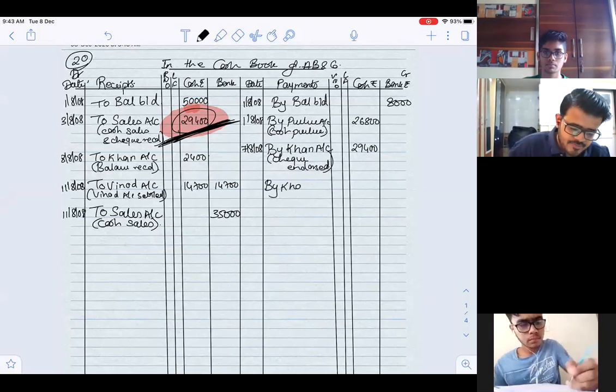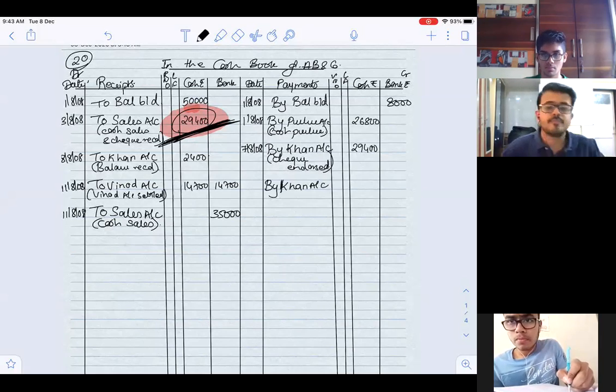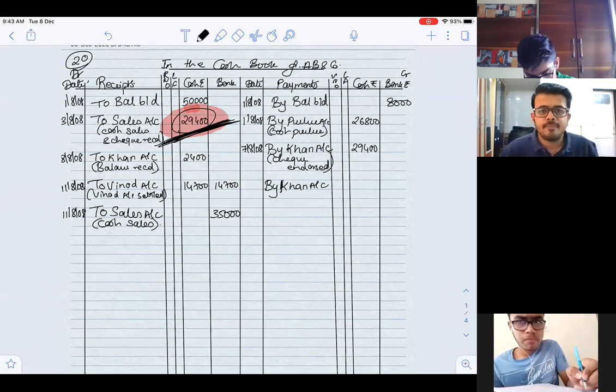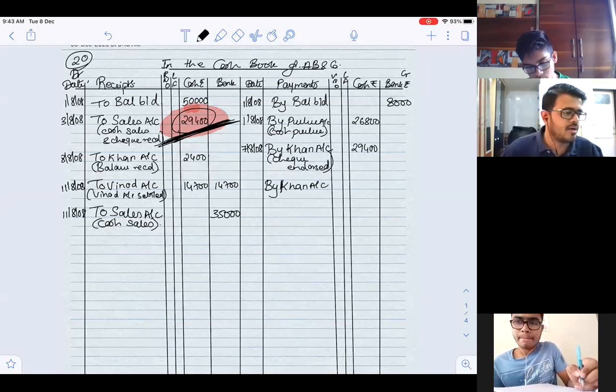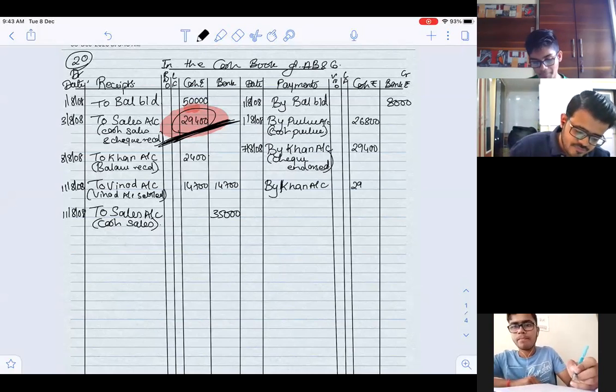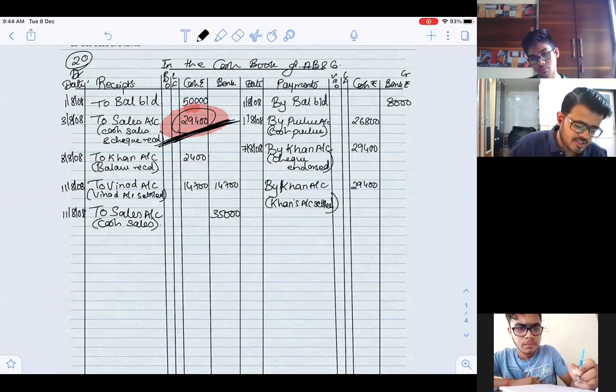क्या होगा entry? By Khan account. Which column? Cash column. This is Khan's account settled on 11th of August. Is that clear?